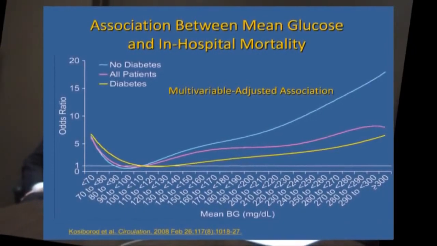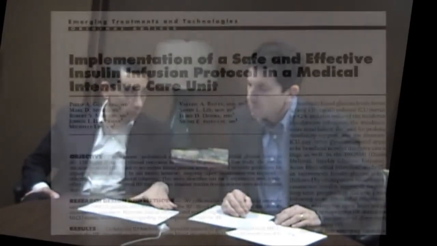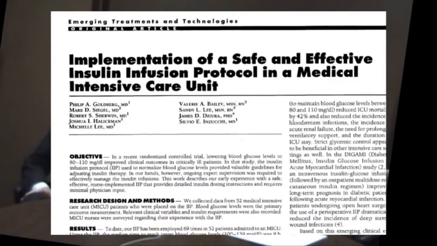Silvio Inzucchi actually developed the original Yale protocol right around the time when I was at Yale, and that was published in Diabetes Care, I believe, in 2005. In that was the first experience with a dynamic protocol in the medical ICU patients, showing that it was very effective in controlling glucose and very safe.